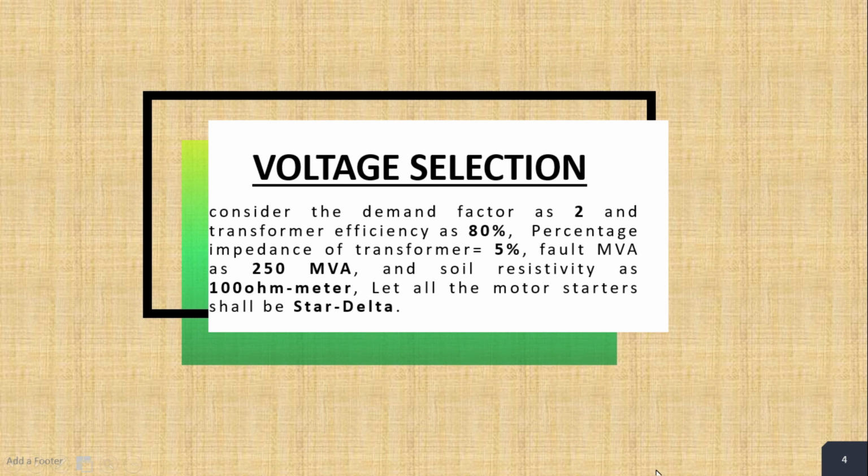Consider all the motor starters shall be star delta, and future load shall be considered as 10% of the total connected load.